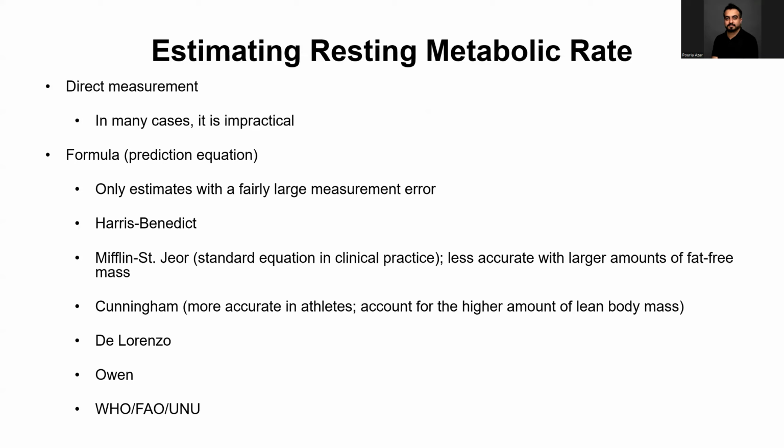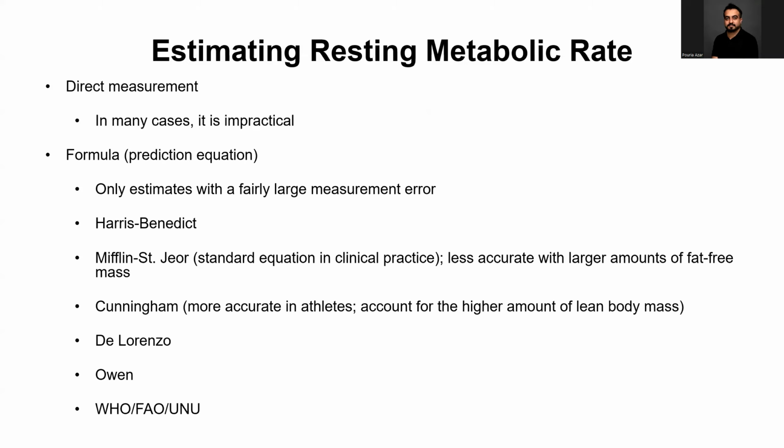We have Harris-Benedict formula or equation. We have Mifflin. This is less accurate with larger amounts of fat-free mass. So we don't use Mifflin most of the time in athletes because it is less accurate with larger amounts of fat-free mass or muscle mass. And we use Mifflin in clinical practice, like in hospitals or in clinical settings.